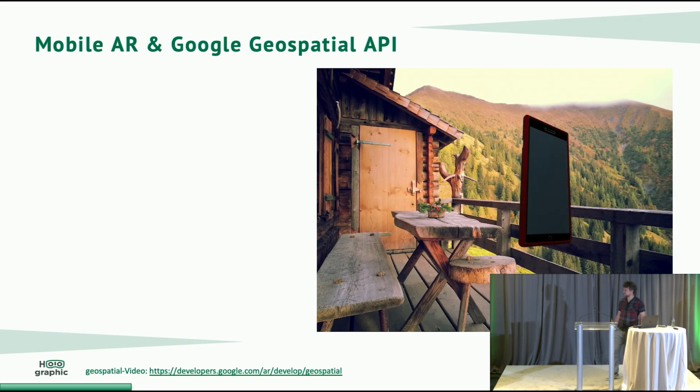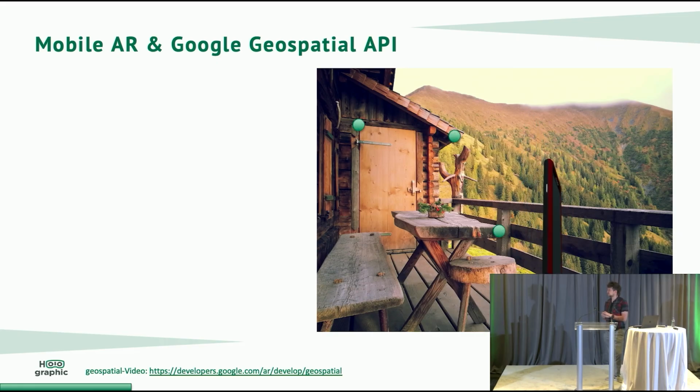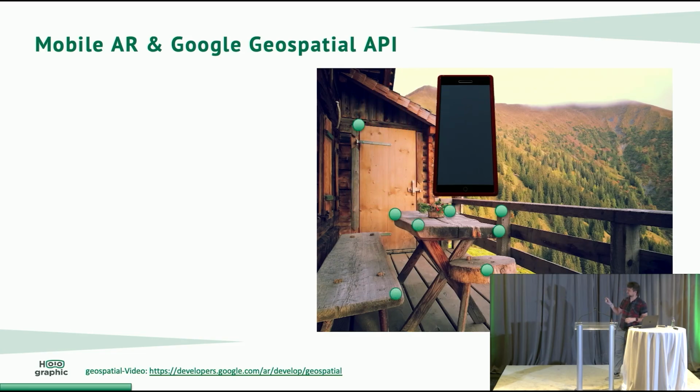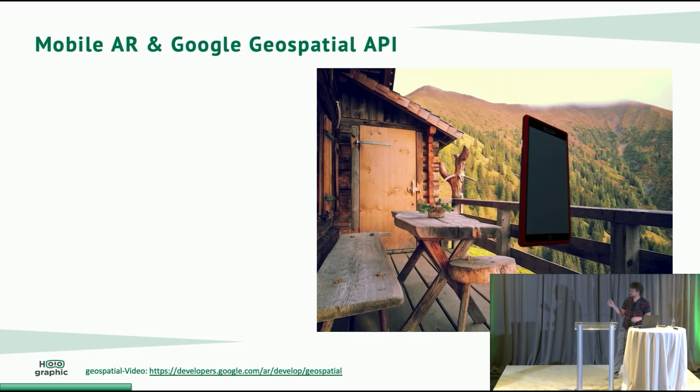We add the phone, and when you move your phone around, it uses different sensors and especially the camera to recognize key points. I've highlighted all of these here. And these key points will be recognized over time, and then it gets a sense of its surroundings and where it is. That is called SLAM, so simultaneous localization and mapping.